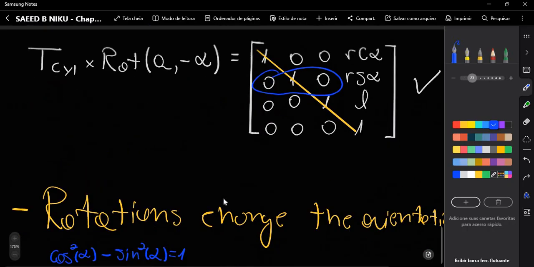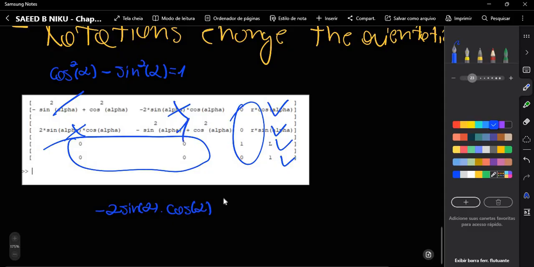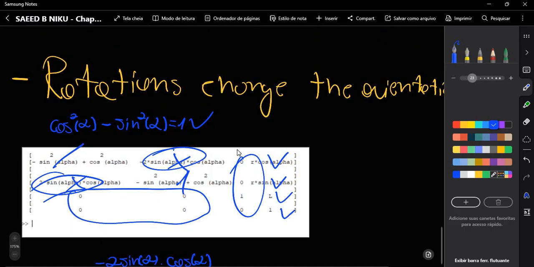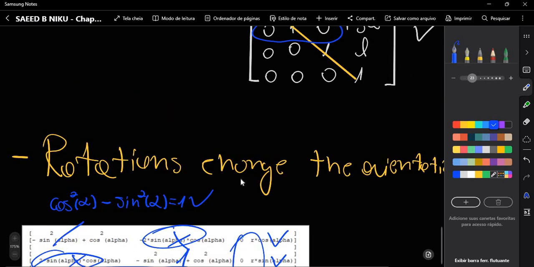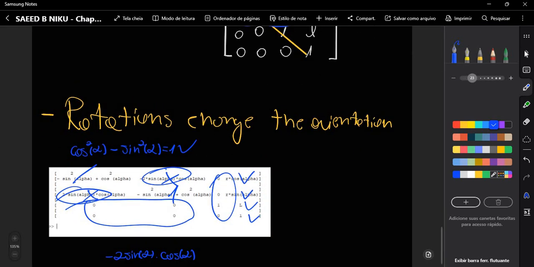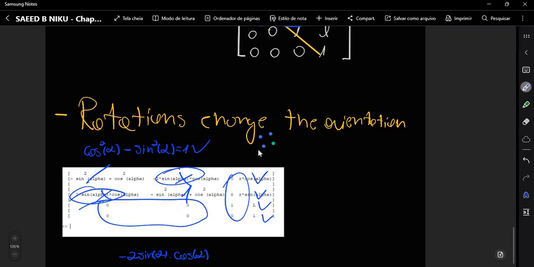Actually, let me see, this one is 1 because it's also the trigonometrical identity. And with the exception of this element and this element, the rest of the elements are correct.